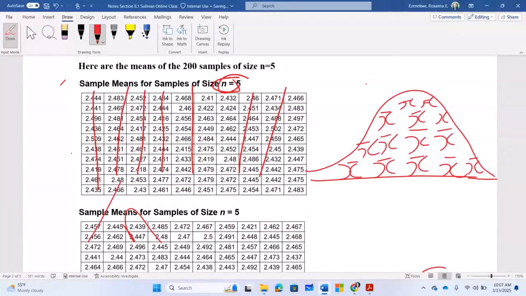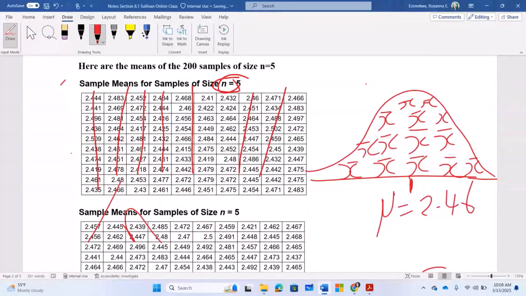Look at the mean. The mean of all these sample means is going to be the same as the mean of the original data. So the mean is equal to 2.46.